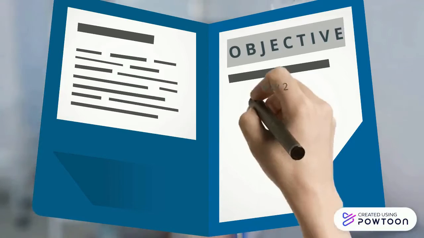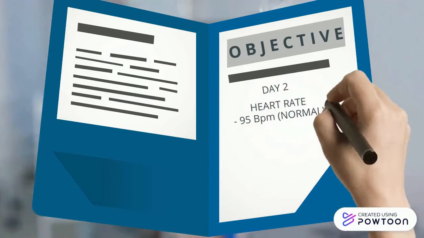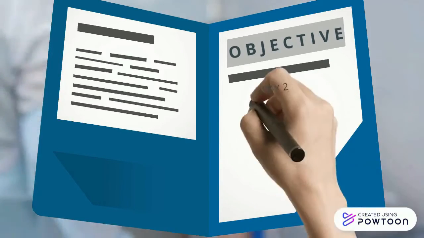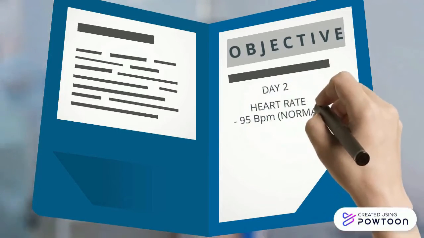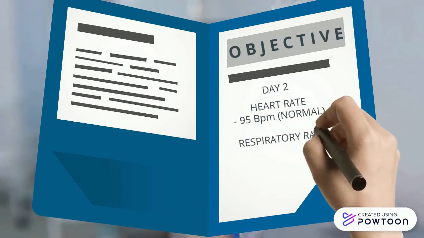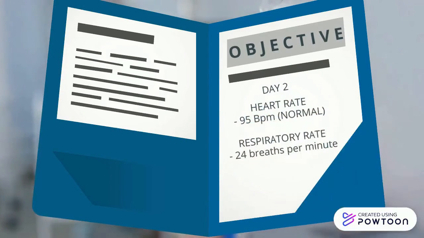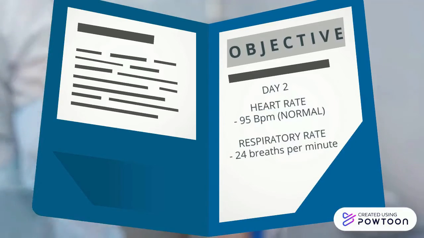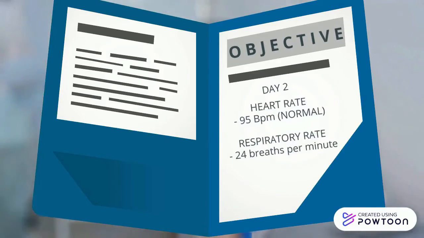The heart rate for this patient is also normal on day 2, which is 95 beats per minute. However, respiratory rate of the patient was slightly higher than normal, showing 24 breaths per minute as the normal range for respiratory rate is within 12 to 16 breaths per minute.